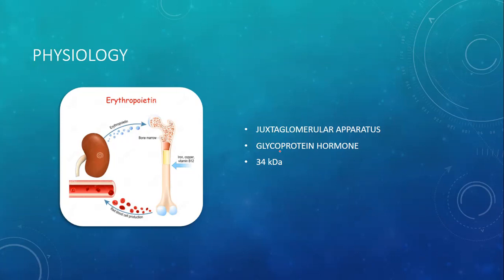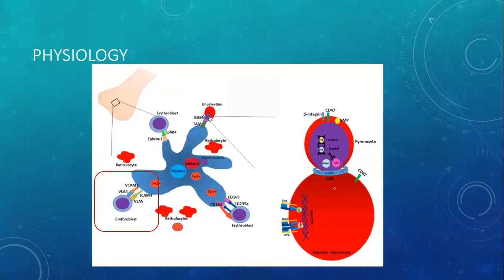Actually, if I'm not mistaken, the carb part of this molecule is sialic acid, okay? And a part that is formed by amino acids, so there is the protein part, okay? And this is its molecular weight. So let's go on. Sorry.